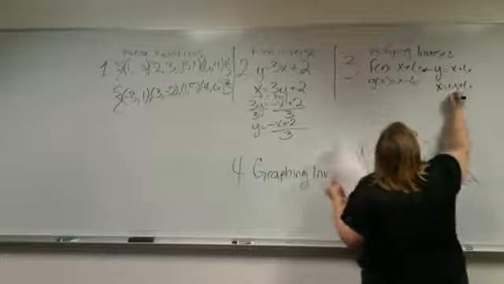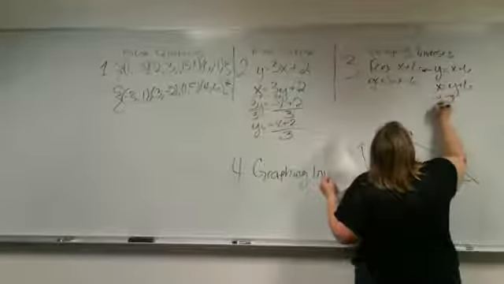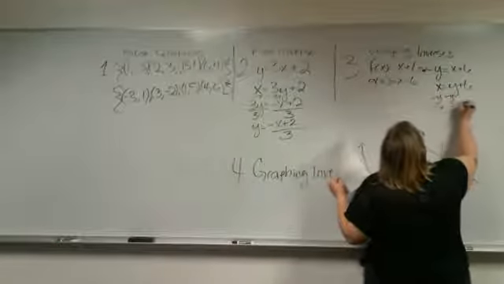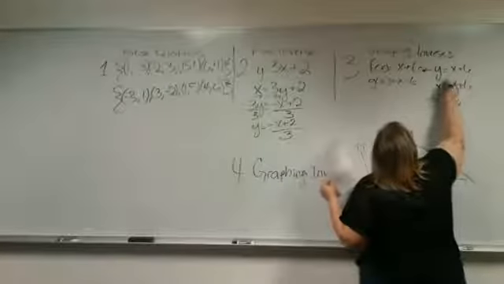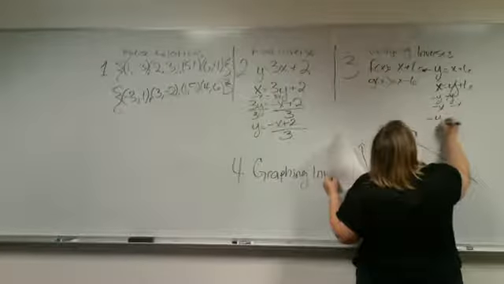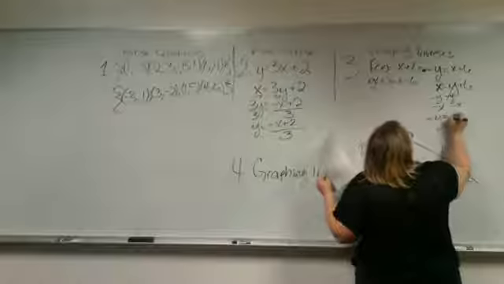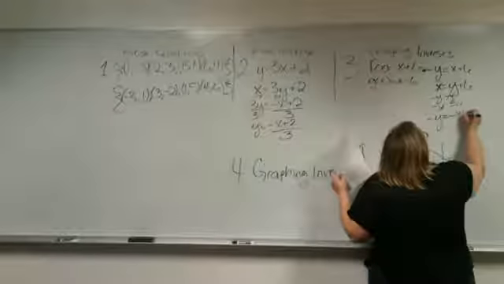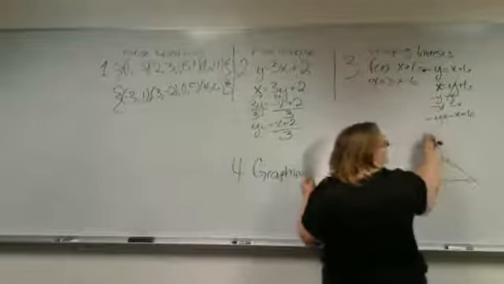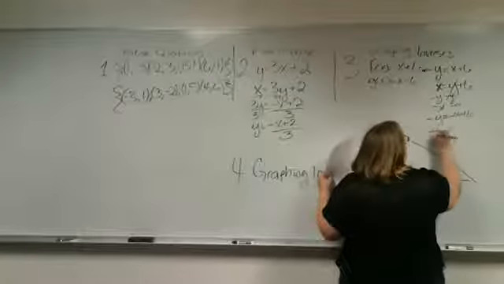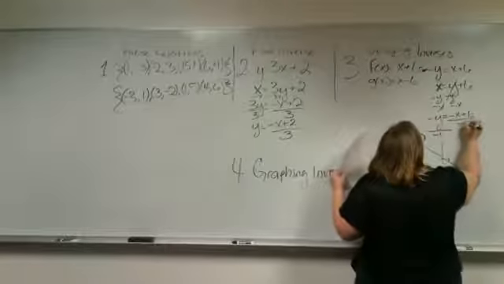So in order to get y by itself, we have -y equals -x plus 6. If y has a negative, we divide by -1.